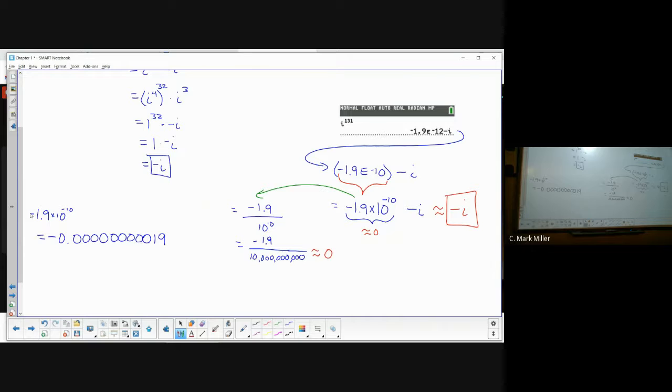That's what the decimal would be. Very small. The calculator here is trying to say 0 plus or minus, excuse me, i, which is minus i. That's what the calculator is trying to say there. So if you want to decrypt something like that on your calculator, you need to know a little bit about scientific notation.